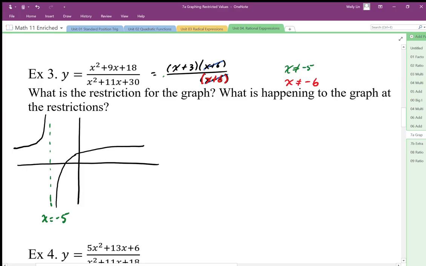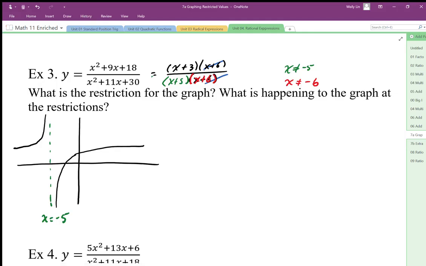I'm going to make sure that's color coded so we can see very clearly that at that factor, we're getting a vertical asymptote. So there's our vertical asymptote showing up, but at -6, it doesn't look like anything's happening.